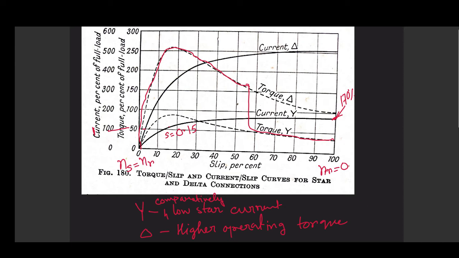Not this type of smooth switching, since switching is not always so smooth, but more or less this gives you an idea. Now you may argue that with star you are having a poor starting torque compared to delta.